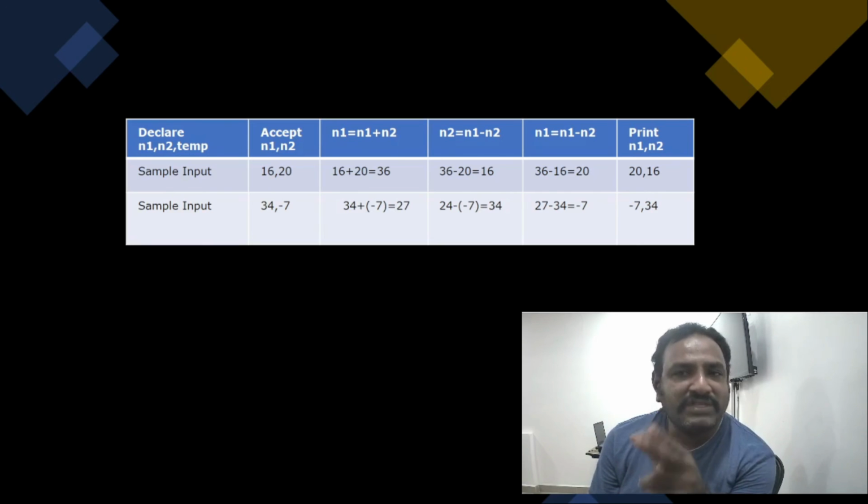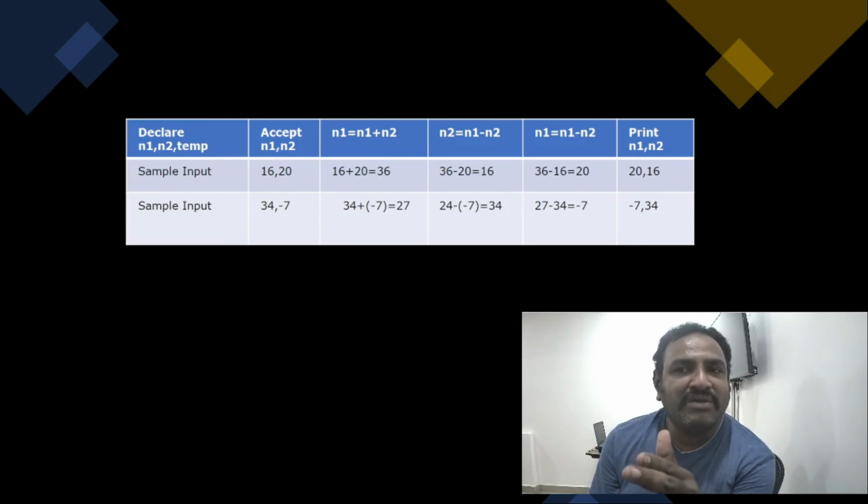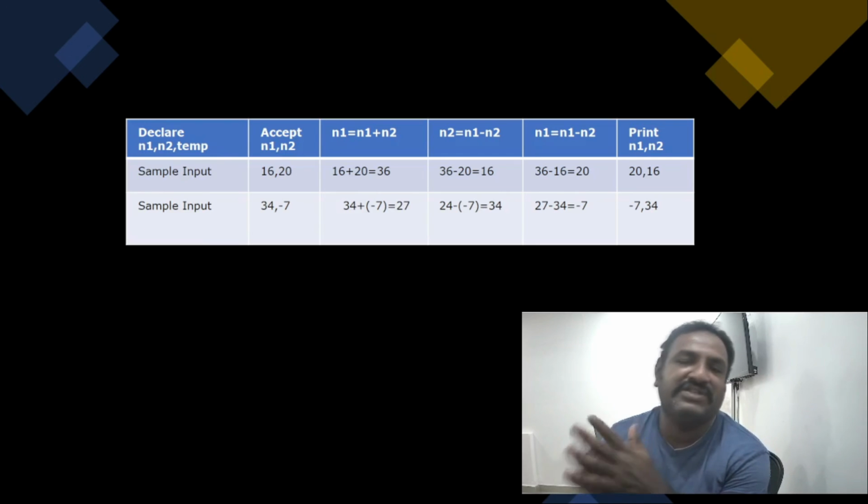Because of the first statement, n1 became 36 and the current value of n2 is 20. 36 minus 20 becomes 16. One value is interchanged. And we come to the next one, n1 equal to n1 minus n2. The latest value of n1 is 36 and the latest value of n2 is 16. 36 minus 16 becomes 20. You can display: both the values are interchanged.